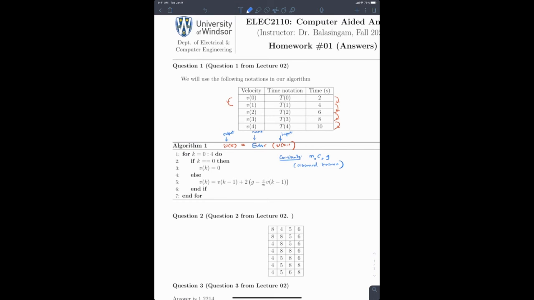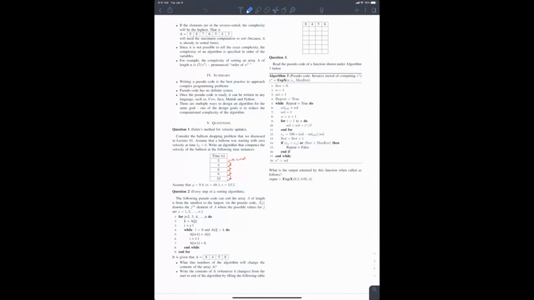Okay, question 2 from lecture 2. The following pseudocode can sort the array A of length n from smallest to largest element. I probably said when I introduced this that it is not very relevant to all the theoretical stuff we are going to do, but it gives an introduction.